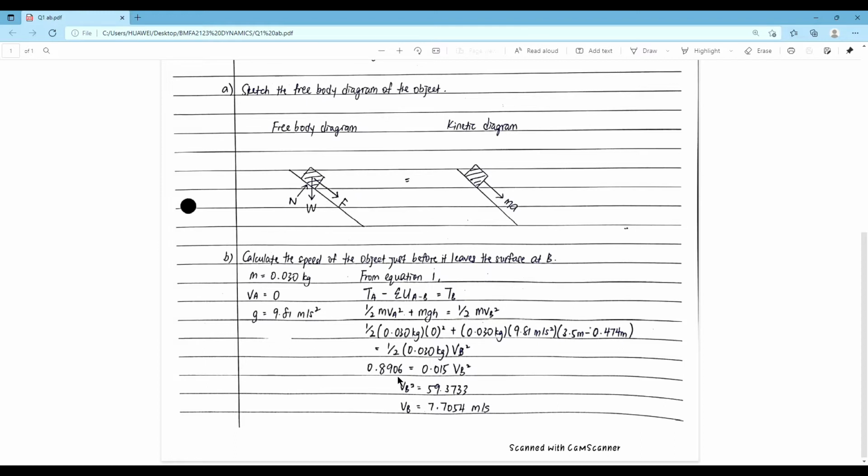On the left hand side, we obtain 0.8906 equal to the right hand side 0.015 VB squared. VB squared is equal to 59.3733, and the square root gives VB as 7.7054 meter per second. This is the speed of the object before it leaves the surface at P.